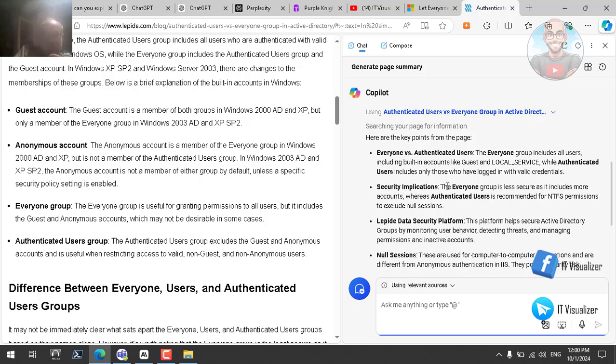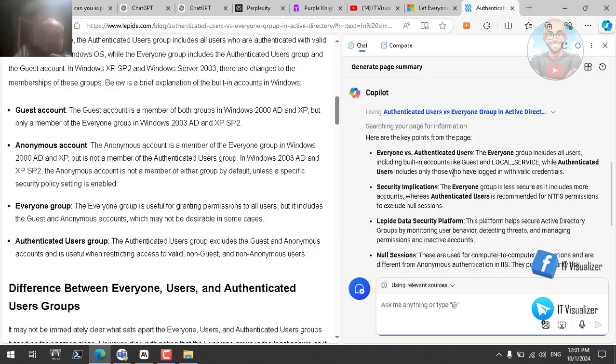Security implementation: the Everyone group is less secure as it includes more accounts, whereas authenticated users is recommended for NTFS permissions to exclude null sessions. Then it mentions a data security platform that helps secure Active Directory groups by monitoring user behavior, detecting threats, and managing permissions and inactive accounts. I think this is a third-party program.